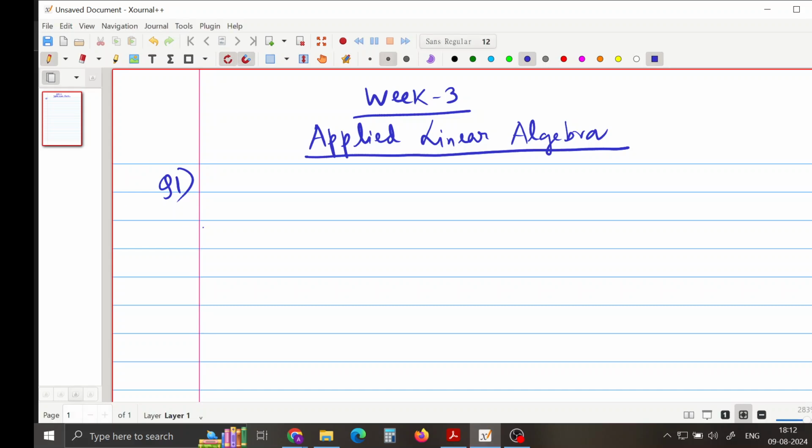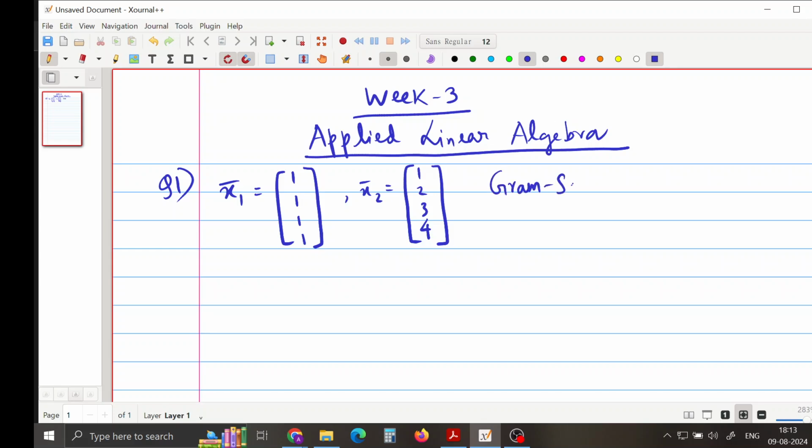What we are given are these two vectors: x1 bar, which is the vector containing all ones, and x2 bar, which is the vector containing these entries. So we are looking at the Gram-Schmidt procedure.